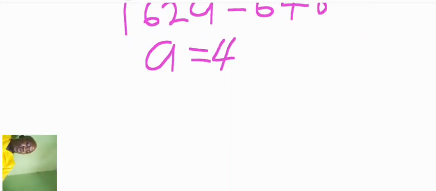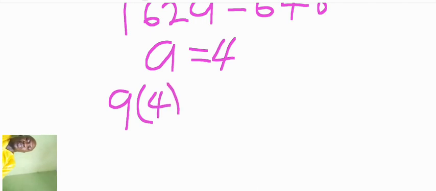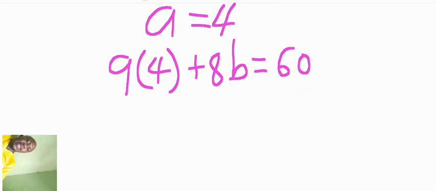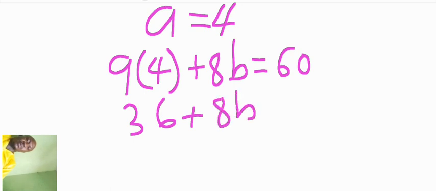So it means that from equation 1, I will have 9a. Let me use the other marker. I have 9a. What is my a? My a is now 4, plus 8b, and this is equal to 60. So 9 times 4, what do we have? We have 36 plus 8b, and this will give me 60.